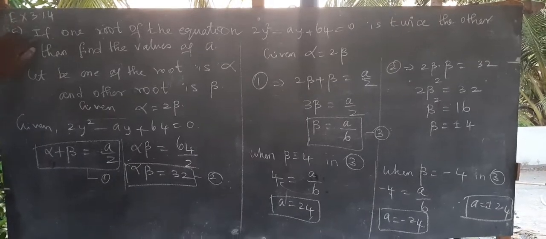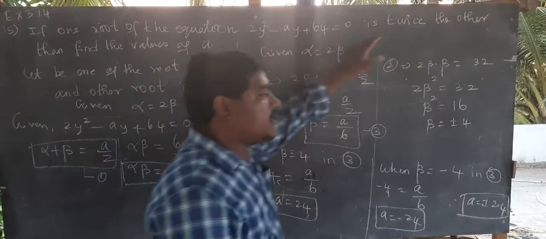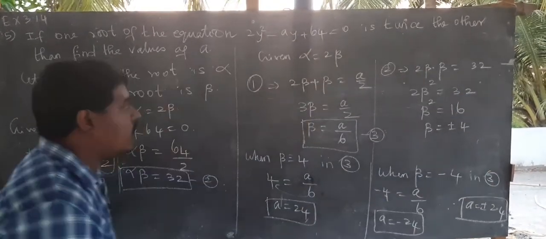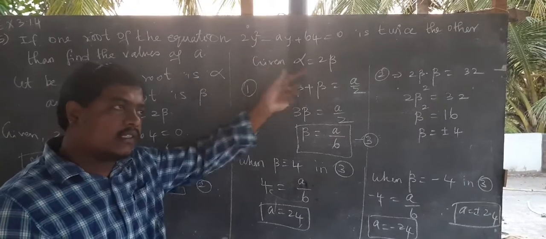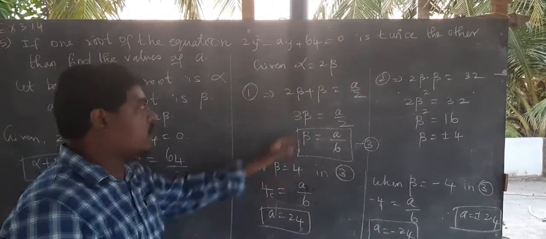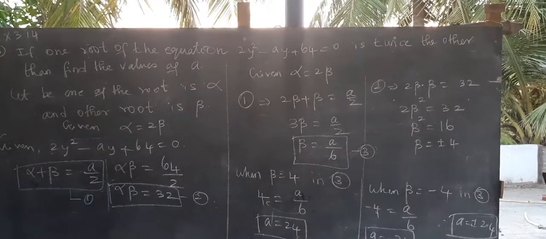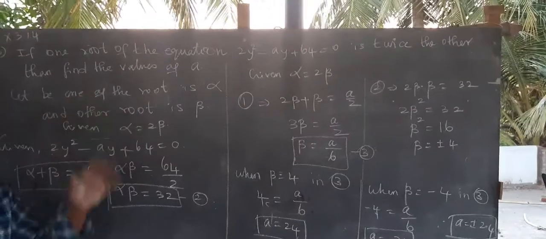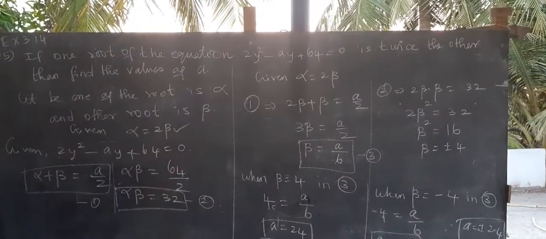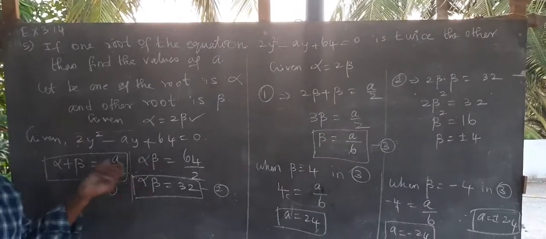Listen, sum number 5. One of the roots of the equation is twice the other. What is the meaning of that? One of the roots is alpha, the other root is twice that root. So alpha equal to 2 beta. One root is alpha, another root is beta. Given is alpha equal to 2 beta. I wrote it here. Then from the given equation I find alpha plus beta and alpha beta.